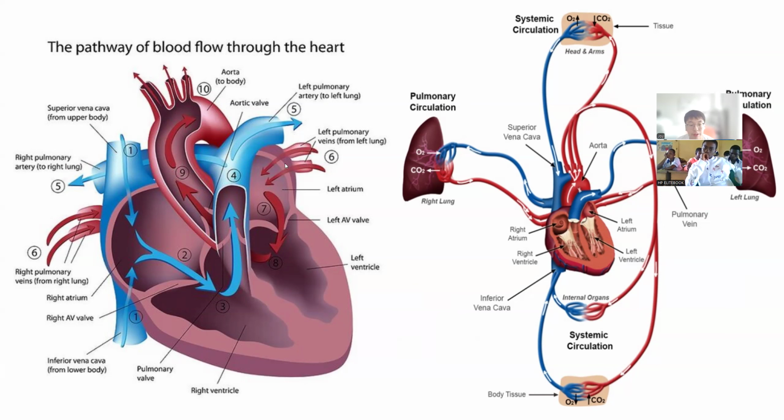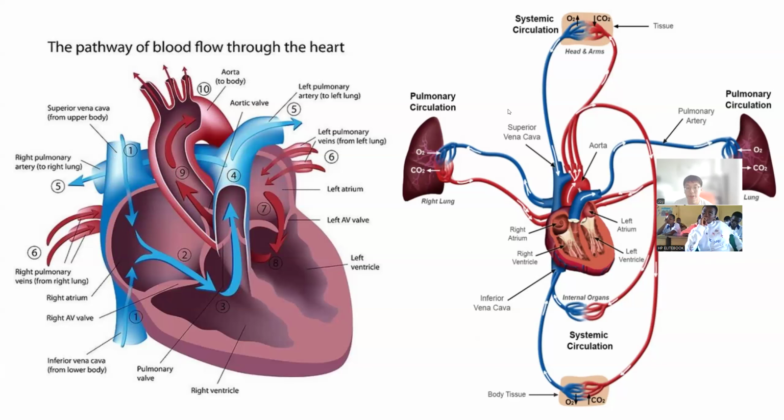This is our left side now: the left atrium, and it flows into the left ventricle and then through the aorta to the rest of our bodies. This is the systemic circulation. The part flowing to and from the lungs is called pulmonary circulation.